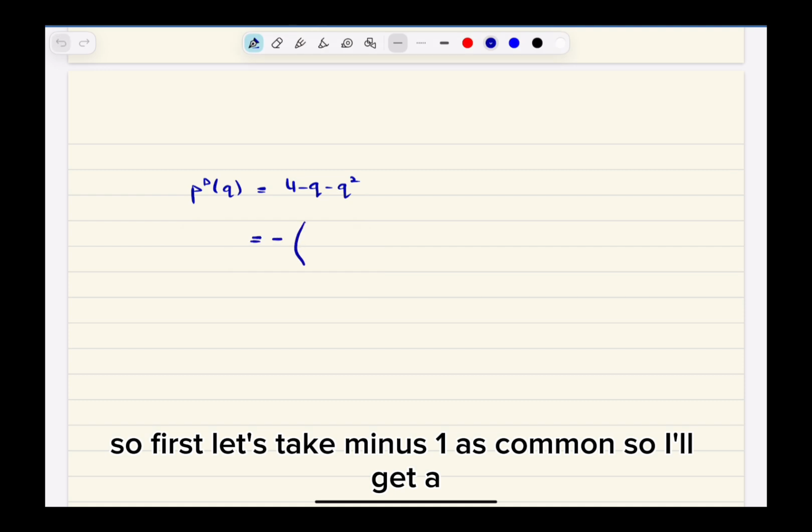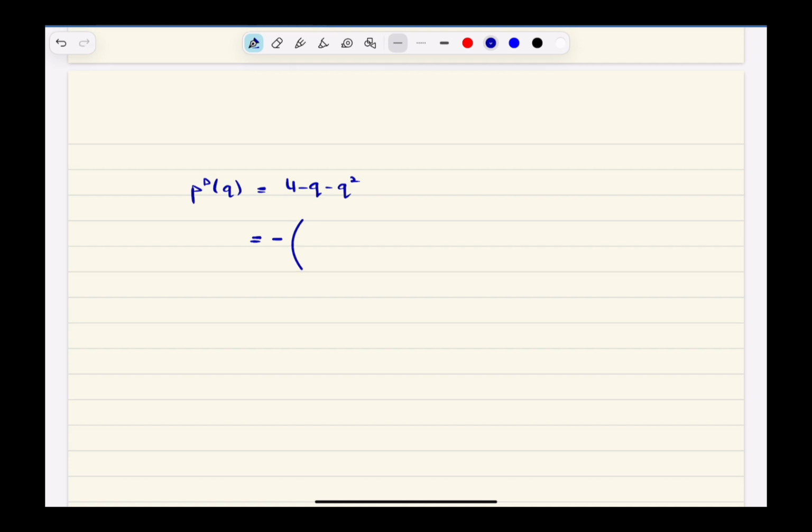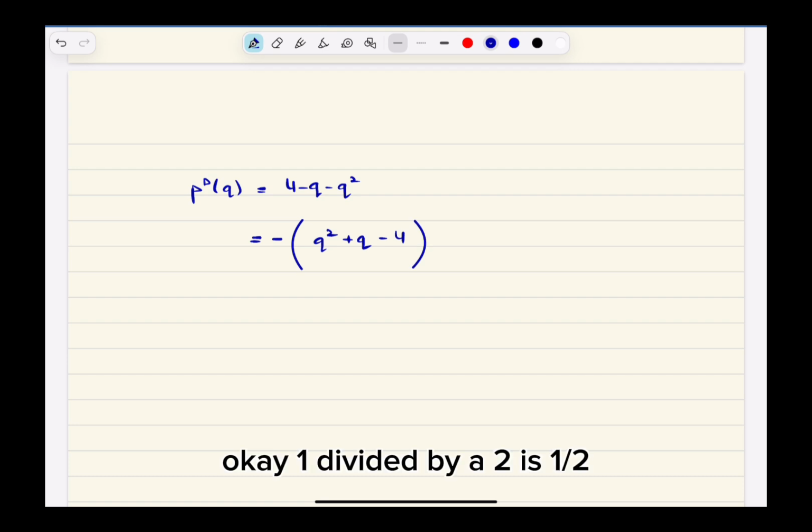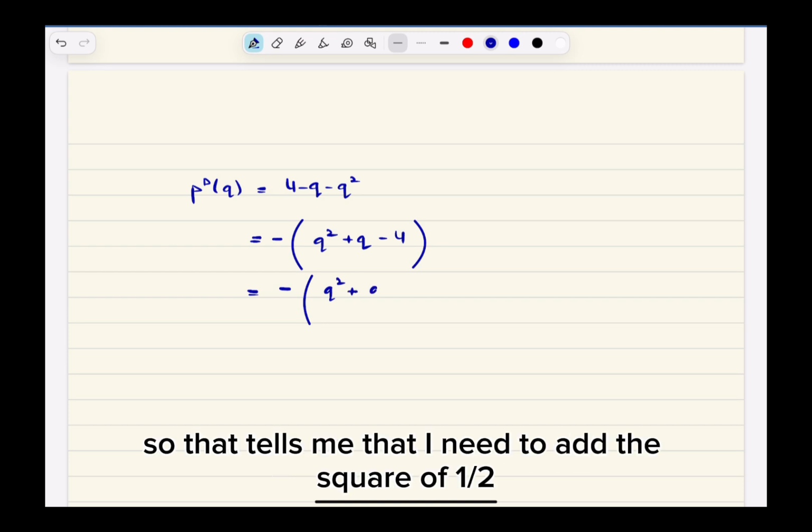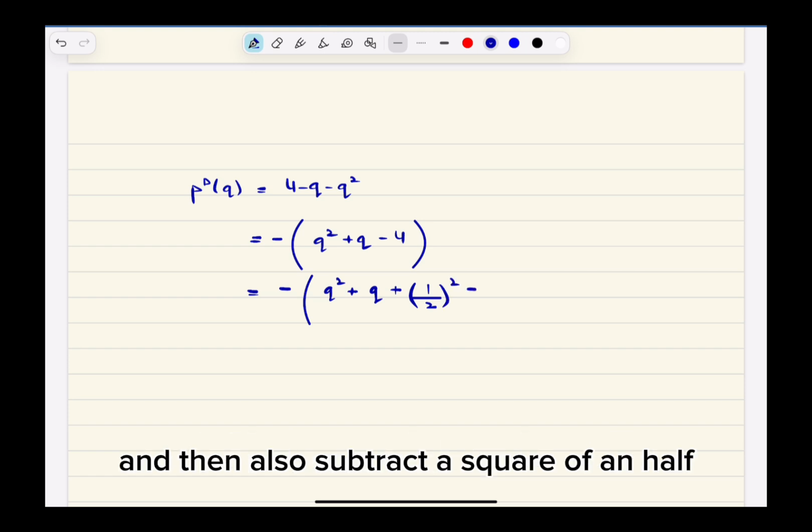So I'll get q squared plus q minus 4. Okay, 1 divided by 2 is a half, so that tells me that I need to add the square of a half and also subtract the square of a half.